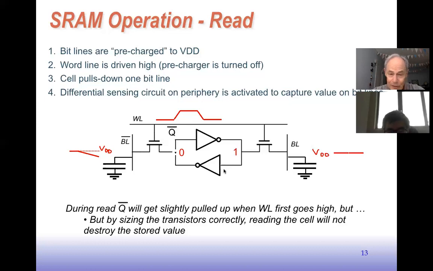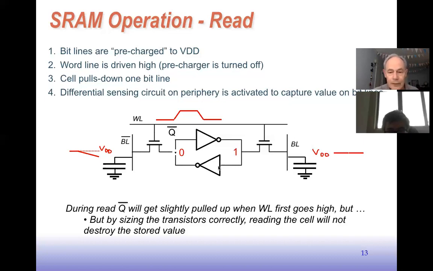So we can achieve that by making sure that the pull down transistor in this inverter here is much stronger than the access device. So it puts a constraint on how we size the transistors in the cell. But it's possible to do that, and it's done all the time. Okay. And people who design these cells for a living use SPICE models and other ways to verify that they have the right sizing of the transistors.